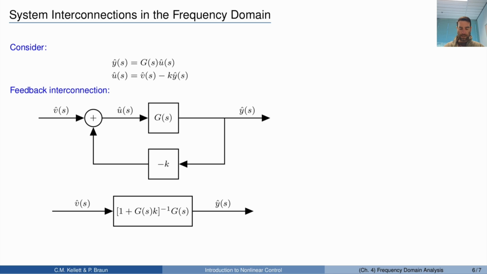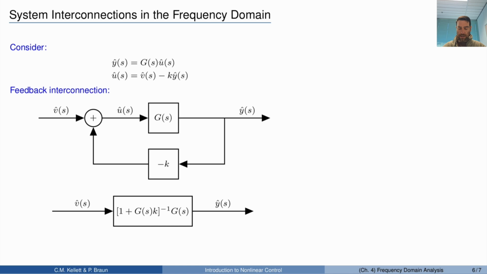So a standard diagram would be this feedback interconnection here, where we have our input U in the frequency domain, our output Y, and now we use feedback again for single input, single output systems, where K is just a real number.